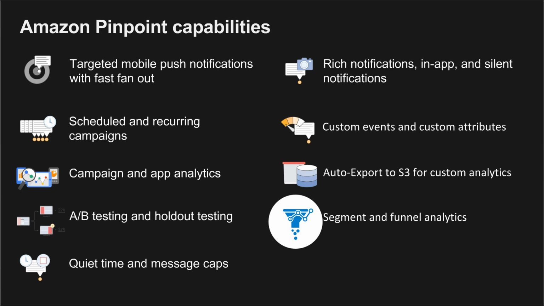The second part is the rich analytics, the additional capabilities we've added to the analytics platform to enable campaign and app analytics, and also segments and funnels, and add downstream flexibility to use it. A couple of points on the downstream flexibility are being able to export your data to S3, and to customize your app based on custom events.